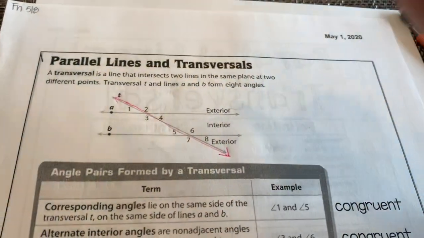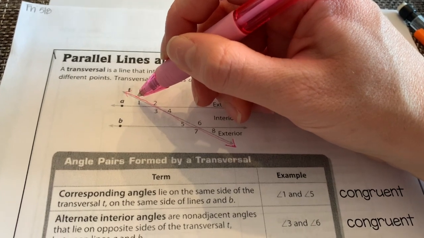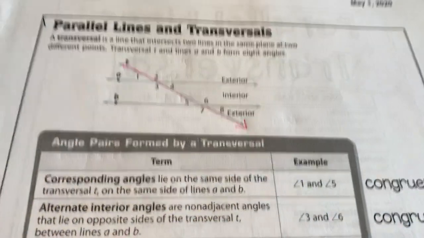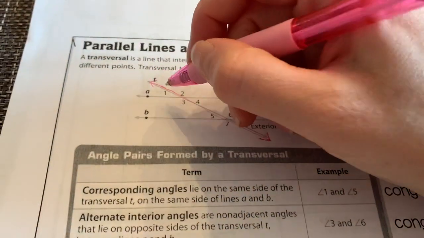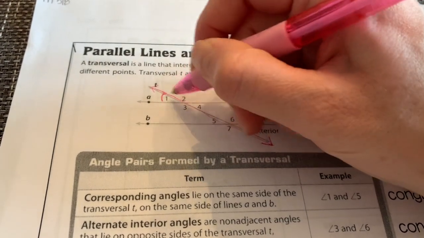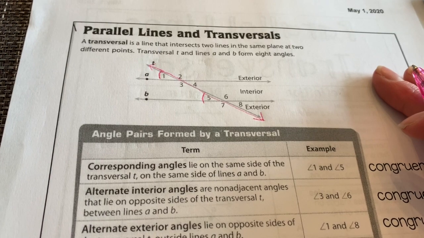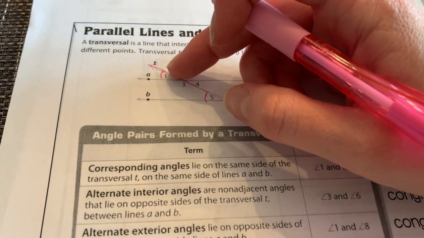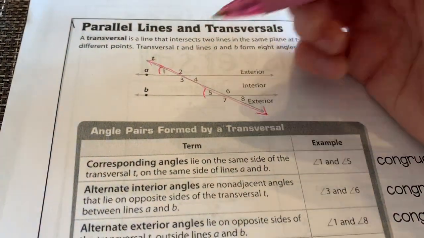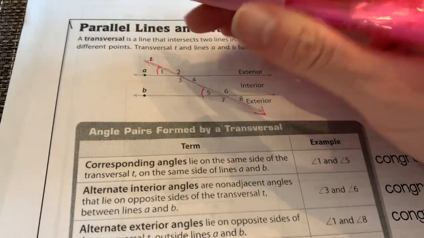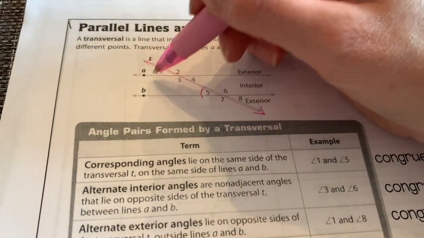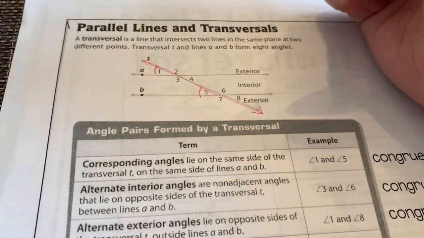So corresponding angles would be something like angle 1 here and angle 5. They're on the same side and in the same spot. So as you can see, angle 1 and angle 3, they're on the same side too, but they're not in the same spot. You can imagine taking angle 1 and moving it down here and it completely overlapping.